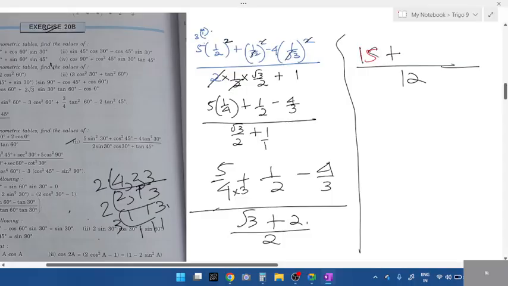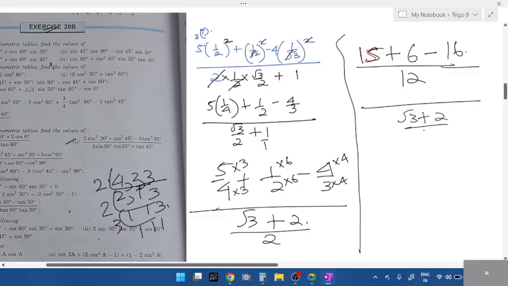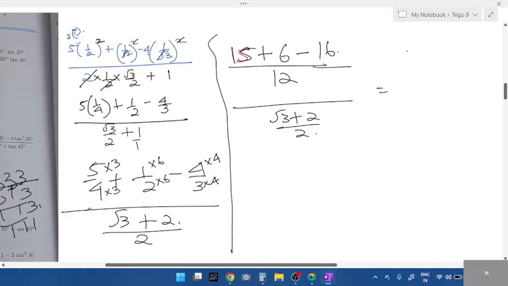LCM there. You don't know how to take LCM? Okay, this one 2 into multiply plus 6, right? Next 3 into 4 4s are divided by root 3 plus 2 divided by what's the value? 15 plus 6 is 21. 21 minus 16 divided by 12, right?